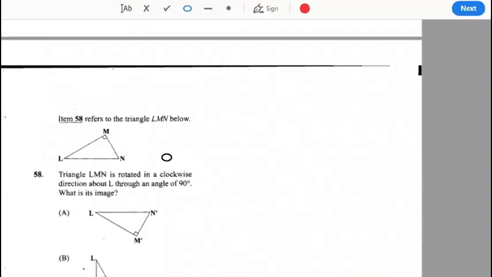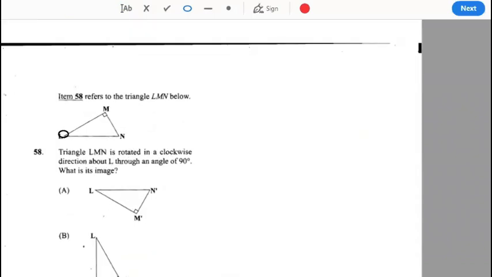So triangle LMN is rotated in a clockwise direction about L. So L will remain stationary while the rest of the triangle rotates 90 degrees. So it is coming all the way around.